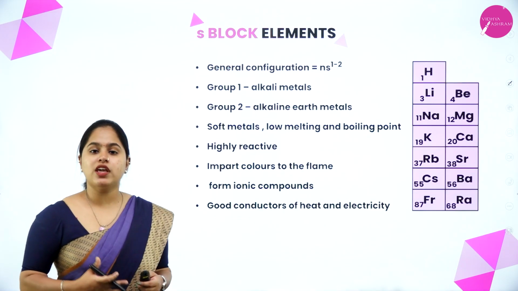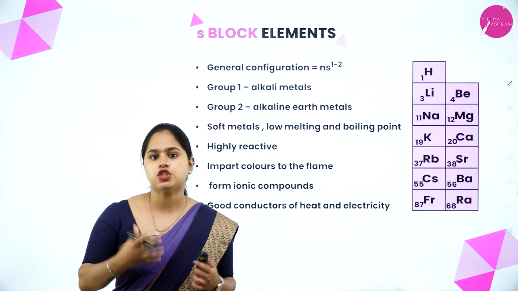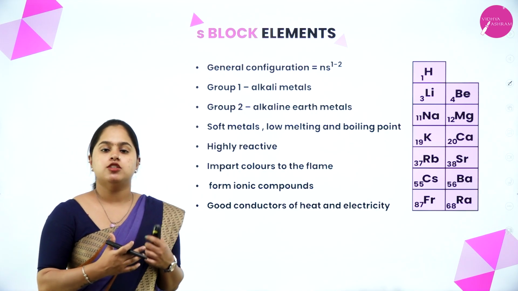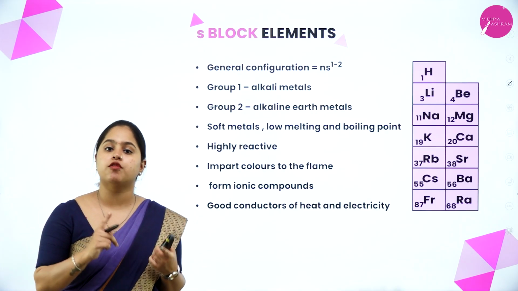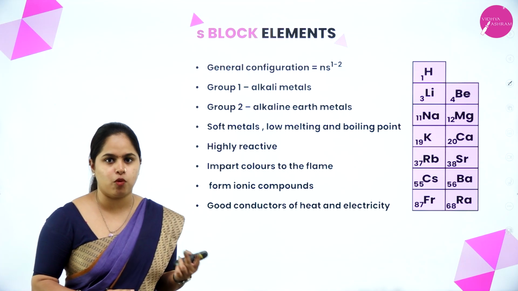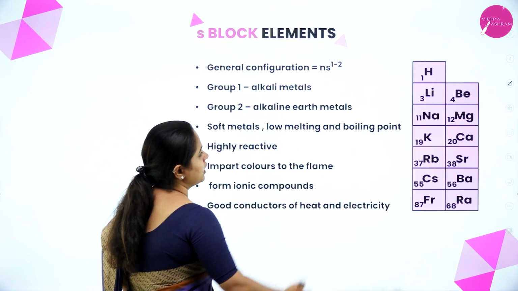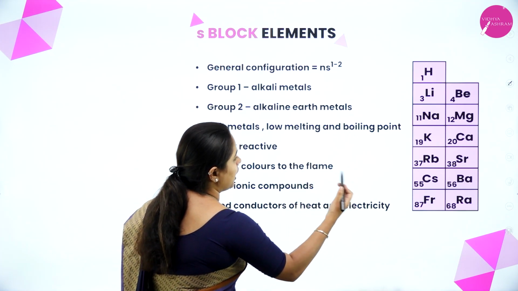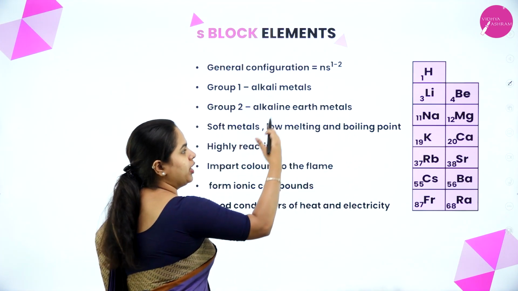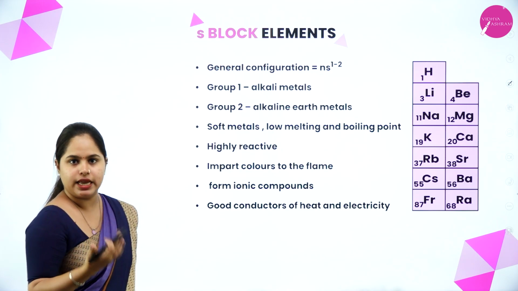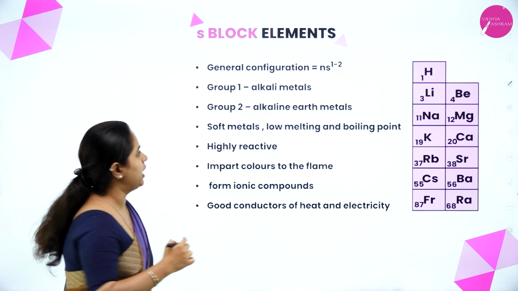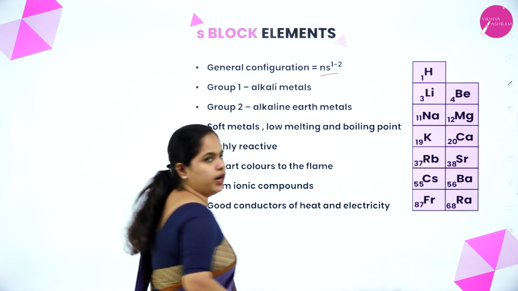Now moving on to the details of each of these blocks. First let's begin with S block elements. S block elements are the first and second groups, group 1 and 2: lithium, sodium, potassium, rubidium, cesium, francium, beryllium, magnesium, calcium, strontium, barium, radium. Group 1 and 2 together are called S block elements. The general configuration for S block elements is ns1 to 2.